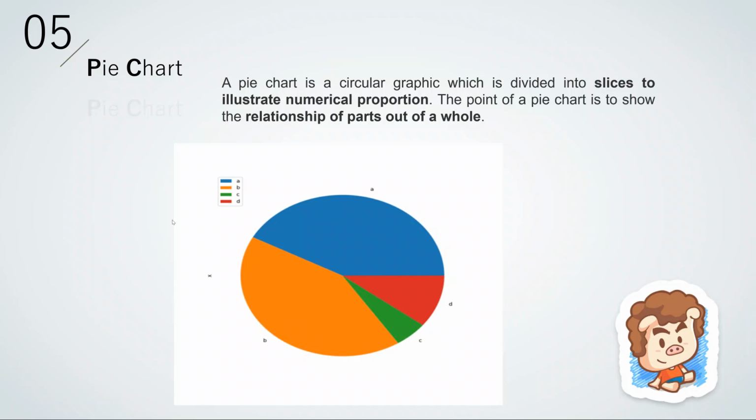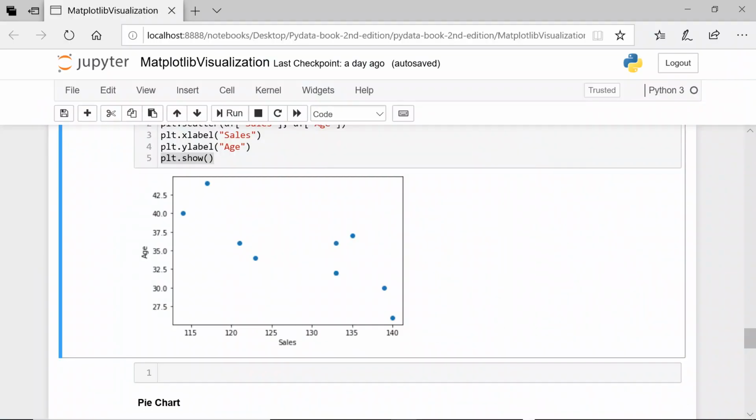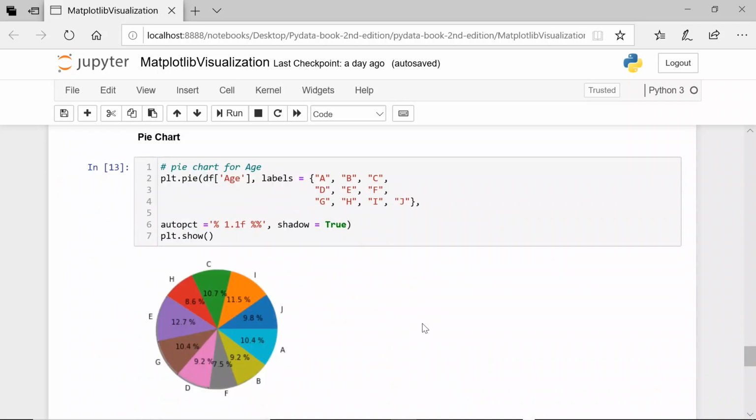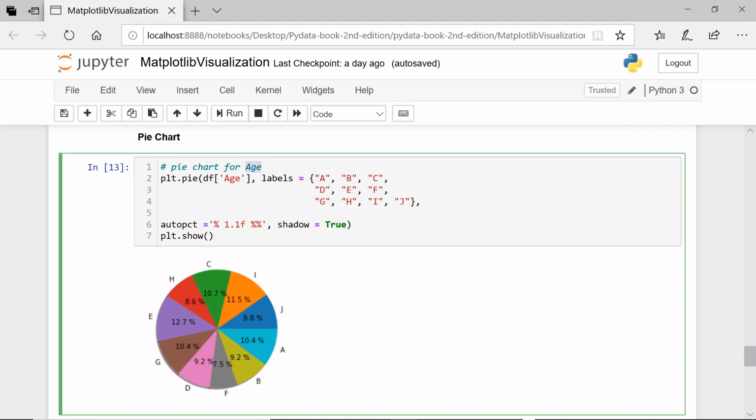Okay, so let's get back to our Jupyter notebook and see how our examples look using pie charts. As we have three numerical data columns in our examples, we can draw a pie chart for each of them. Say we want to draw a pie chart according to the age.